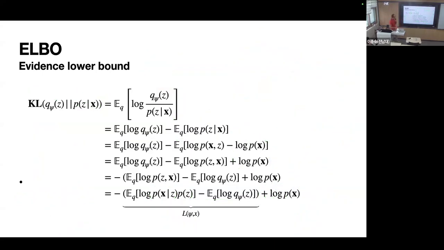Okay, so we are minimizing this L, only the first portion of the last row, because the last portion is just a constant. And this is called, if you open a book on variational Bayes, the evidence lower bound. Why is it called like this? Well, evidence, because it is based on the data that we measured, and lower bound because we have this plus sign at the end.